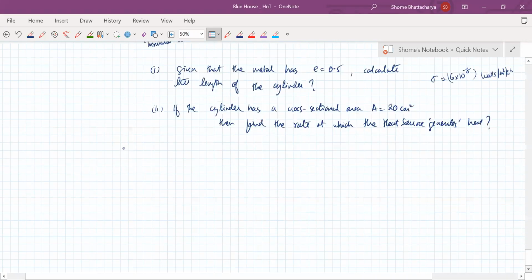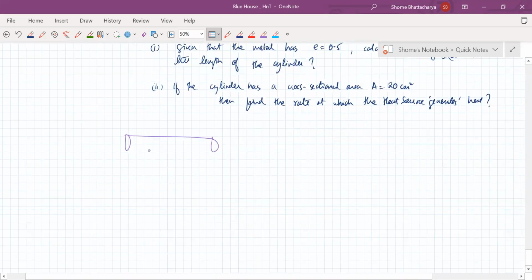Okay, so what we are saying is that across this length, the rate at which the thermal current is coming by conduction, delta Q by delta t, should be equal to T1 minus T2 by thermal resistance, or K A by L into T1 minus T2.